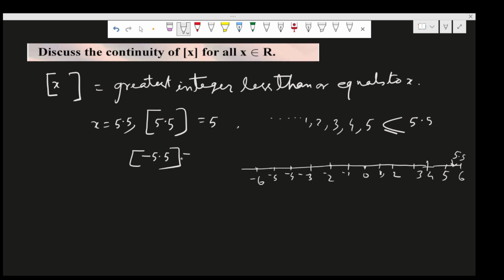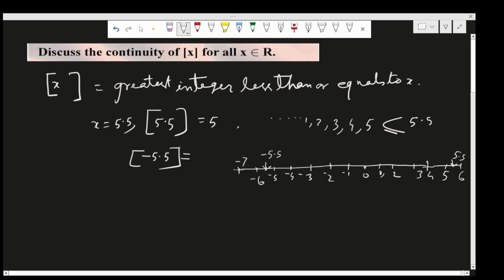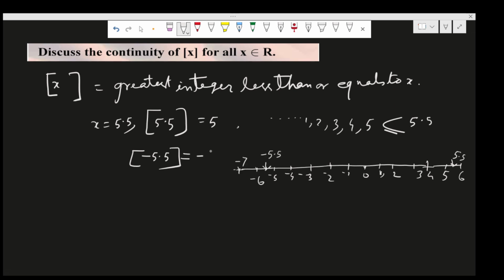But in this case, what should I write? See, minus 5.5 is where? Here. Box of minus 5.5 is equal to minus 6. So, I think you have understood the greatest integer function.